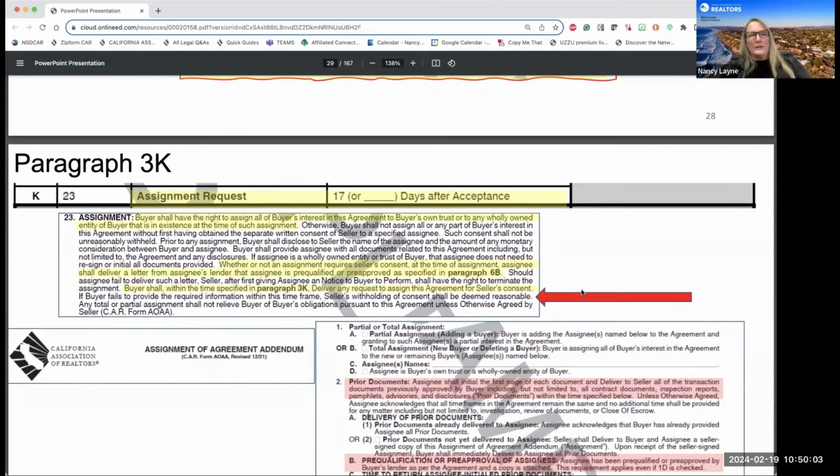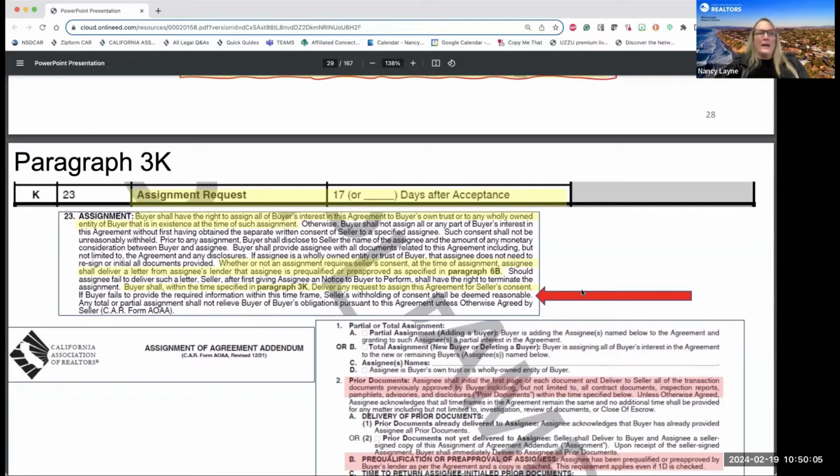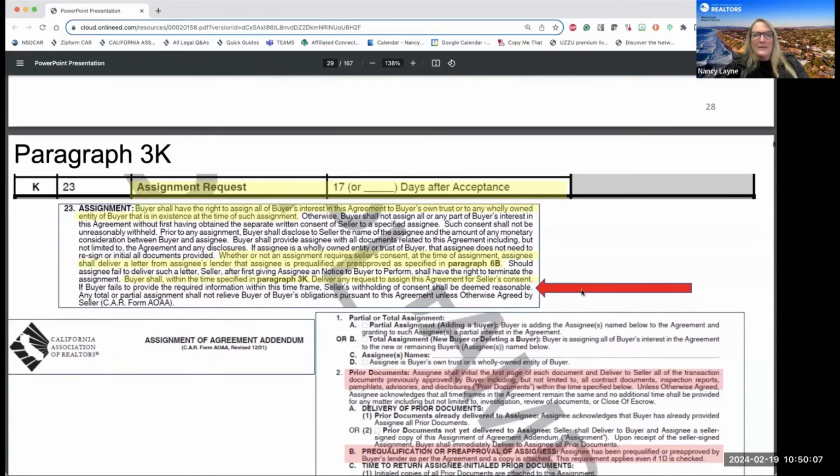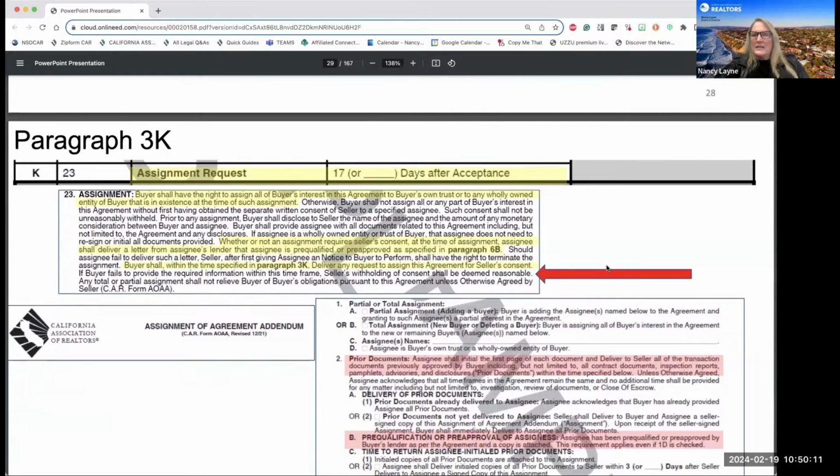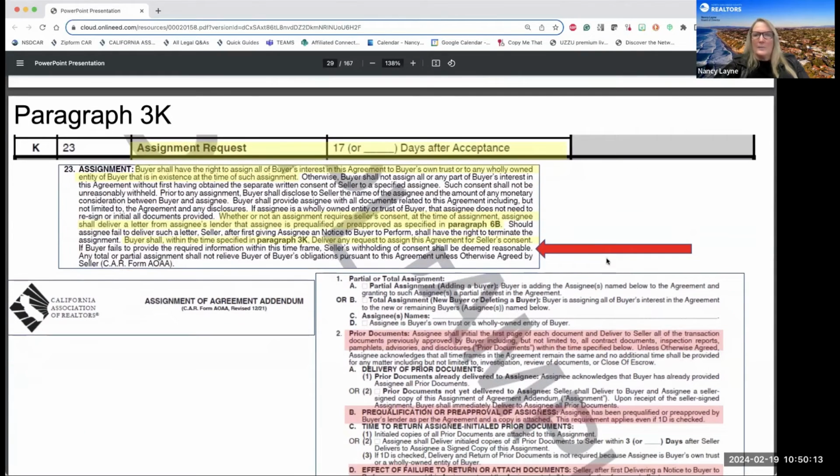On the contract itself, we have in the timeline the assignment request. This is another one that agents get incorrect a lot of the time. So currently the assignment request is 17 days as a base. Okay, so this is if XYZ buyer decides that he wants to add his brother, sister, cousin, uncle, mom, whoever, somebody else on title with him because they can't qualify for the loan.